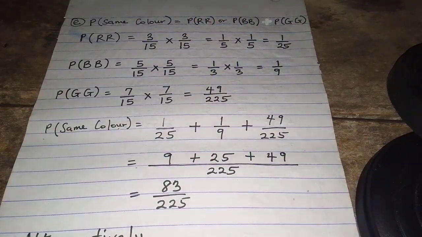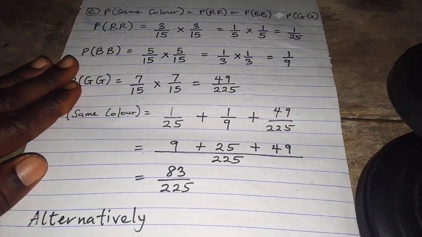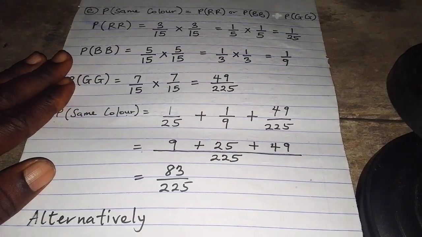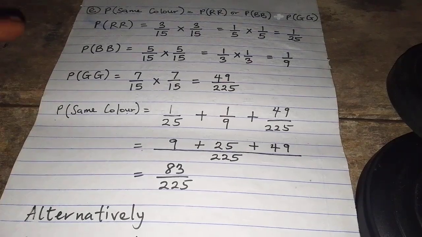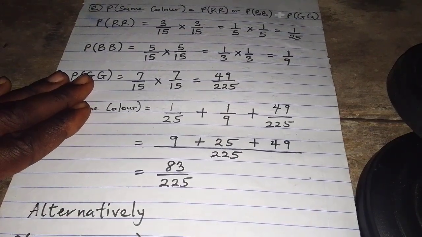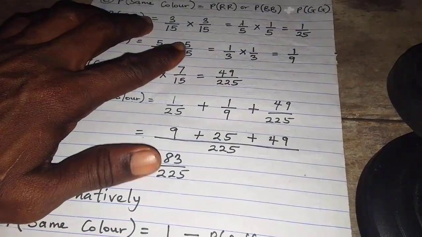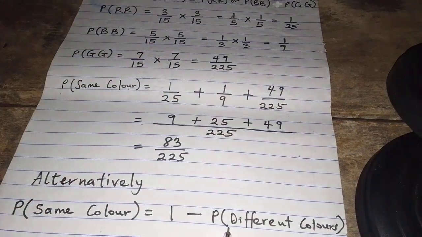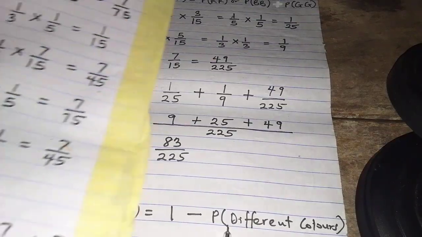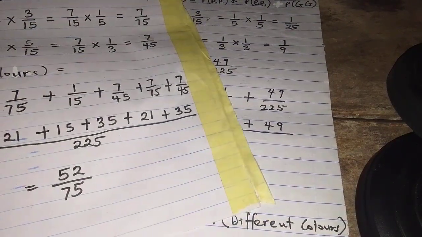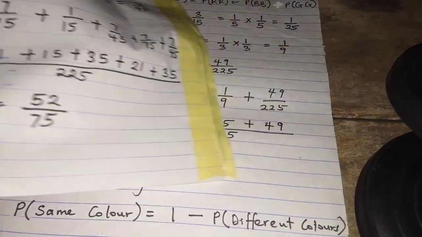what you just do is subtract the probability of different colors from 1. You realize that 52 over 75 is the same thing as 142 over 225.